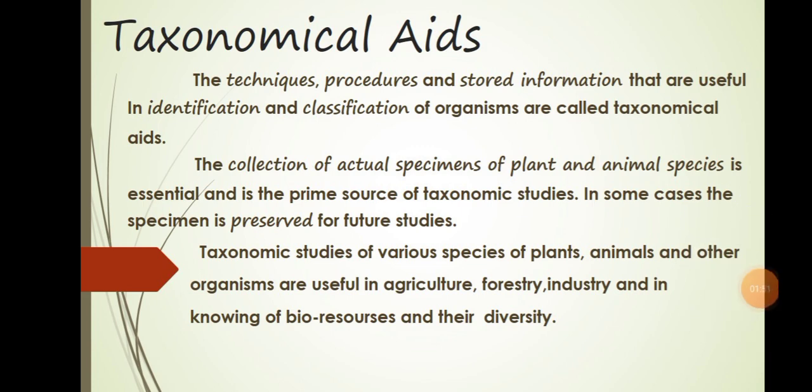So these aids exactly involve specimens of plants or animals, or species, the exact species. We use the real ones for learning purposes, and we can also collect actual specimens, which is very important for quick reference as well as study purposes.